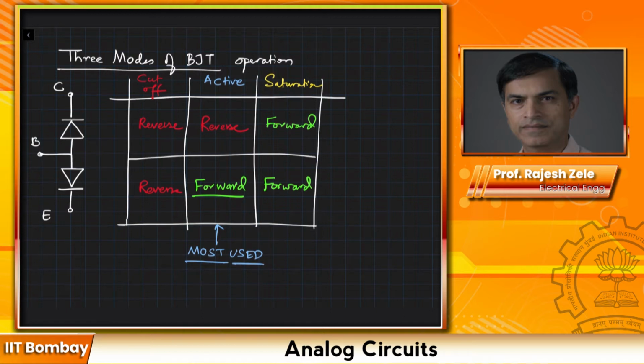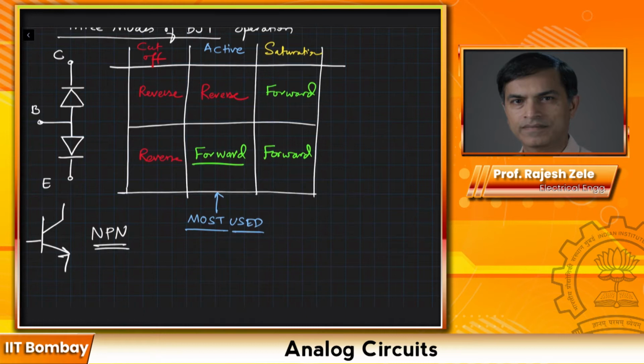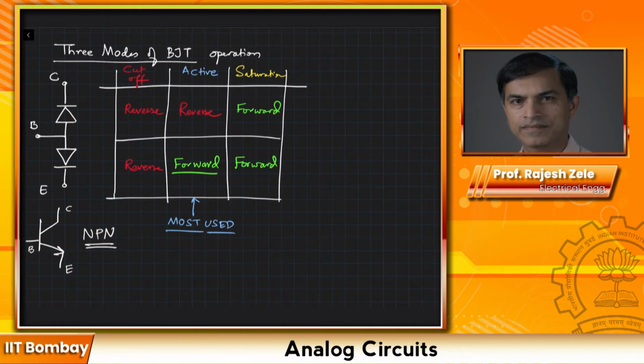Now here I have drawn for you the symbol for NPN. It looks like this. So this is the collector, base and emitter junction. Let's draw the same thing for the complementary device, which is the PNP transistor, and that would look like this. PNP. So here is your PN and then NP junction.